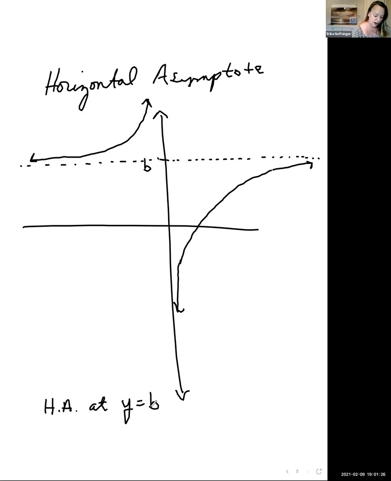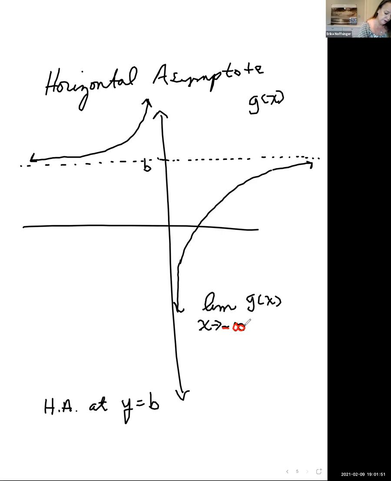And then how we can write this using limits: if I look at the limit as x is approaching negative infinity first, of, let's call this g of x. So again, with limits, this is not going to one x value.